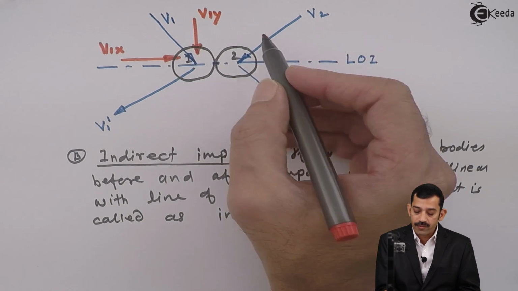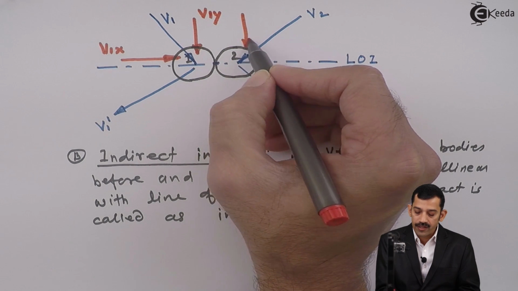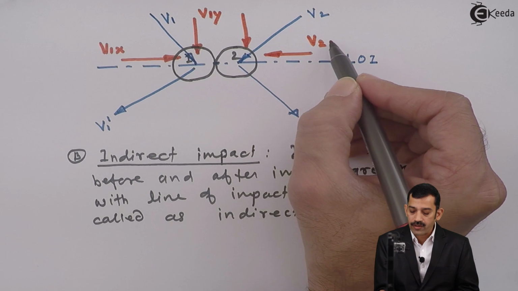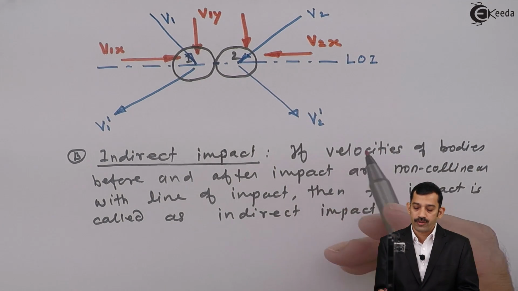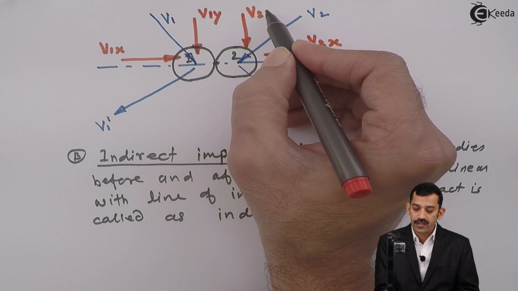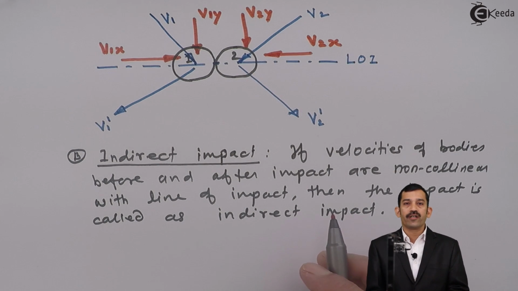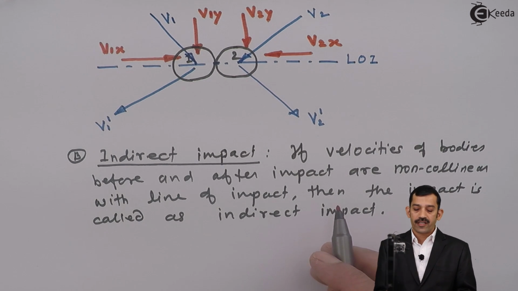Similarly v2, if I resolve along the line of impact and perpendicular to the line of impact, along the line of impact we get v2x, and the vertical component is v2y. Now the components which are perpendicular to the line of impact remain the same after impact.